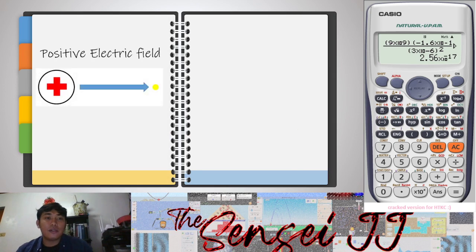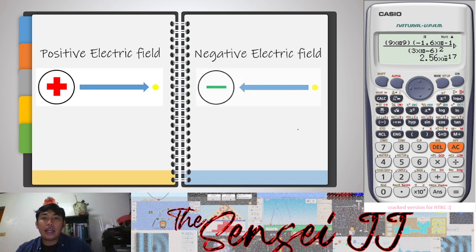Okay, so for a positive electric field, our positive charge is moving towards a certain point in our electric field. While for our negative electric field, our point is moving towards our negative charge, the electron, while our positive electric field has a tendency to give charge to our point.